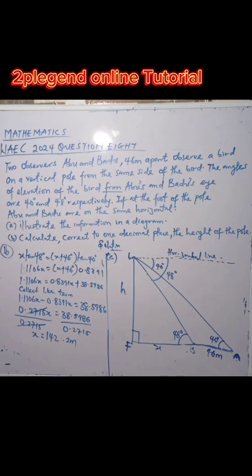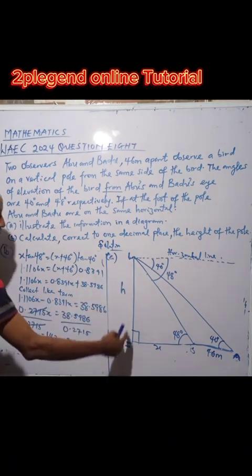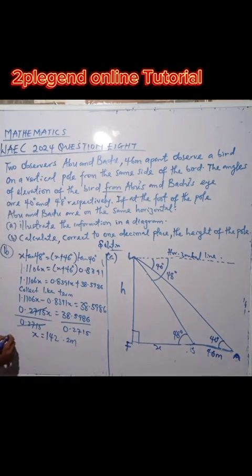Now, they didn't ask you to find the value of x. What you are being asked to find is the height. So recall that your H was given as x tan 48 degrees.